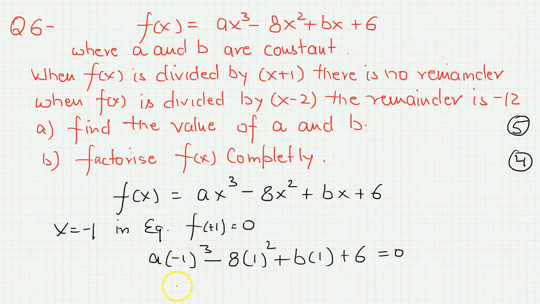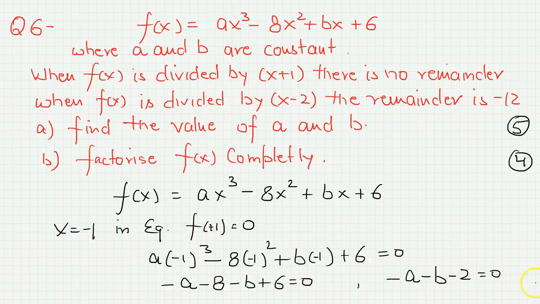Minus 1 cube is negative 1, so it is negative a. Minus 1 square is positive 1, so this is 8. B times minus 1 is minus b plus 6 is equal to 0. So our equation is minus a minus b minus 2 is equal to 0.